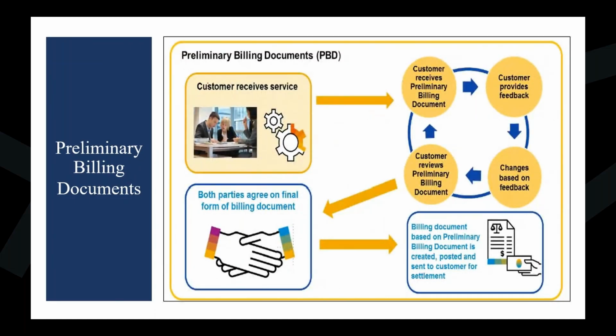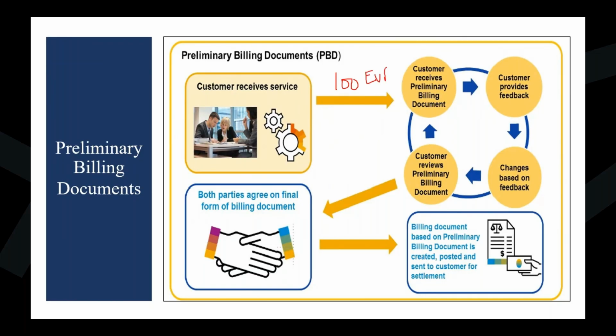Suppose you are providing a service to your customer, let's say a machine repair service. First you create a preliminary billing document and provide it to the customer, saying I'm charging €100 for this service.